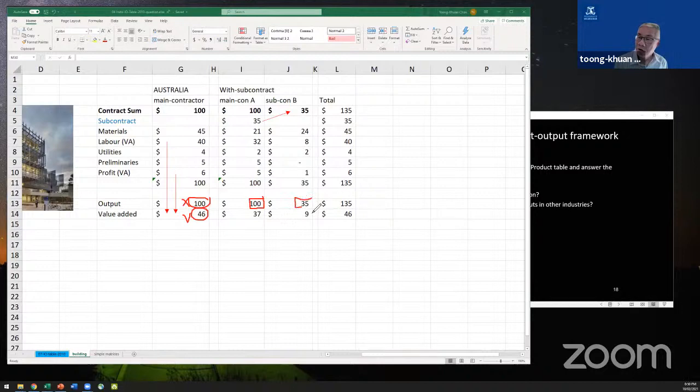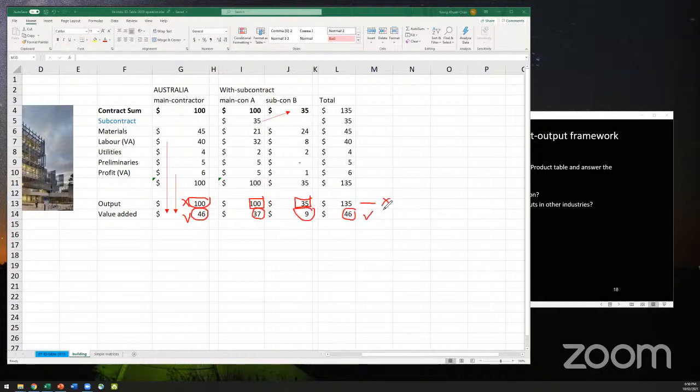Subcontractor B will say its contract is 35 million. If you add the two together, you get 135, which is wrong, because the total contract is only 100 million. But if you do value add, then this is 37, this is 9, and this is 46, which is correct. Out of 100.